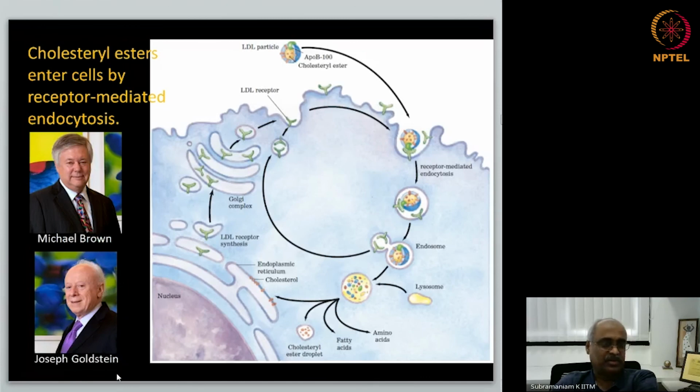These two people got the Nobel Prize quite a long time ago. So let us briefly look at how this pathway happens. It's quite simple. We are not getting into serious mechanistic details today. We will primarily look at this cartoon alone.